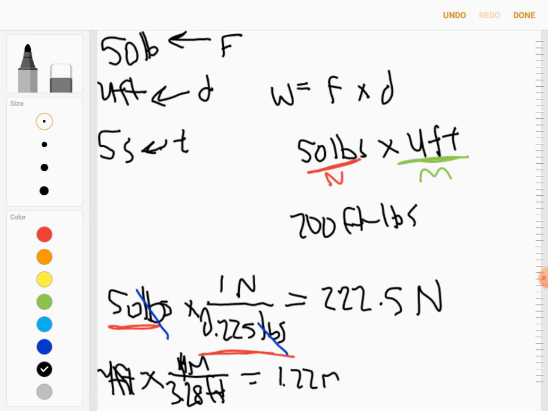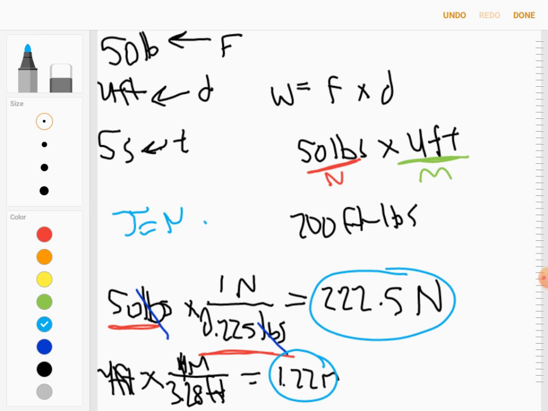Now what we have to do is multiply these two answers, because remember, we said that joules equals newtons times meters. That's the formula for it.